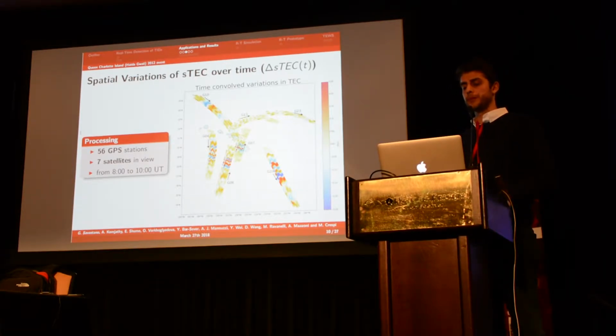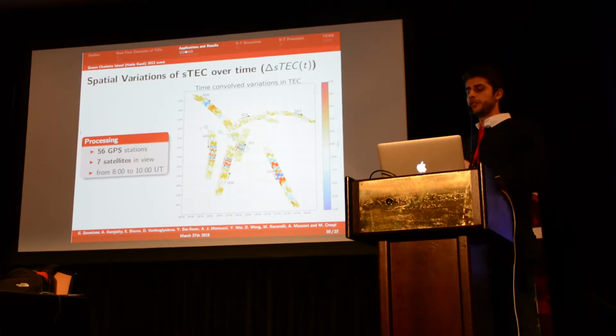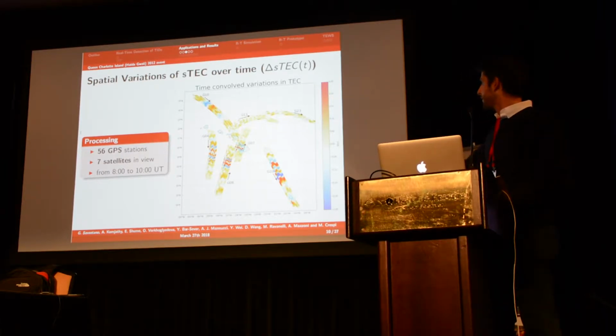So in this map, you can see the IPP trajectory from 7 satellites in view from 56 stations in the main island. The change in color represents the change in the TEC, and you can see that there is also a dependency on the direction where these IPPs are moving.